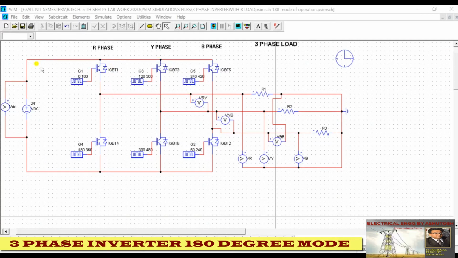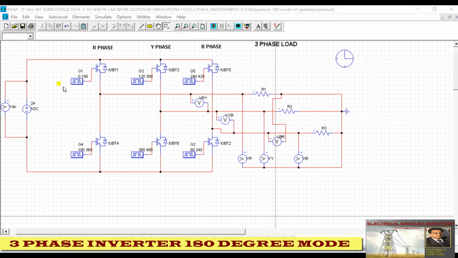This is our number 1 leg, where IGBT 1 and IGBT 4 are placed. In the second leg you can see IGBT number 3 and 6, and in the third leg, phase B, IGBT number 5 and number 2 are situated.